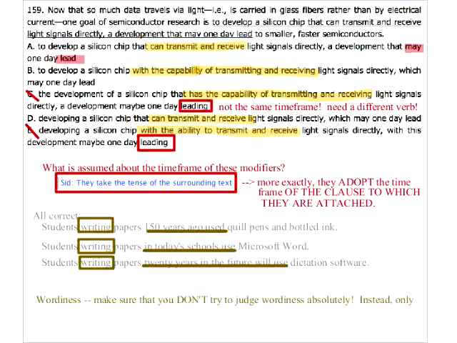Instead, only judge wordiness relative to other answer choices. So for instance, if you look at the yellow parts, it should be clear that can transmit and receive is better than with the capability of transmitting and receiving. And same thing with has the capability of transmitting and receiving. You might not pick those out as wordy by themselves, but in comparison to choice A, they're definitely clumsy and sort of cumbersome. Okay.